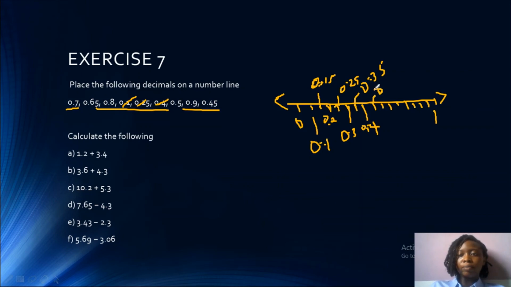0.45. So check. Next is 0.5. Check. 0.6 is next.